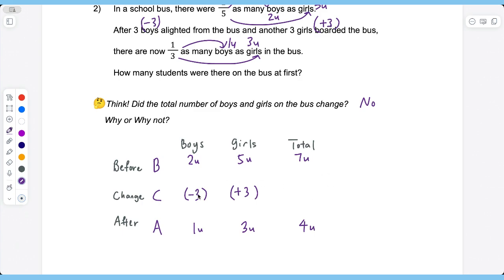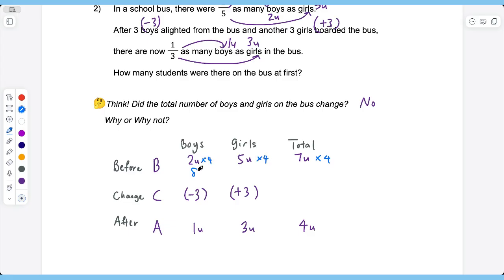Since 3 boys alighted and 3 girls boarded the bus, the total number of boys and girls on the bus did not change. Hence, we need to make this 7 units and 4 units to be the same number of units. I will times 4 for the first row.